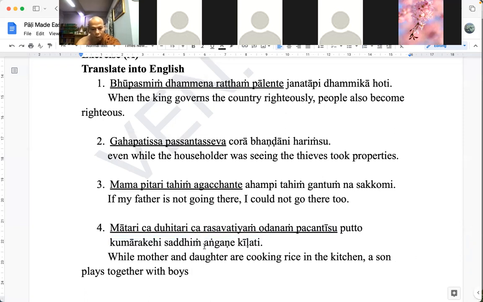So Ingane is locative case. Ingane, so in the yard or in the open space. So while mother and daughter are cooking rice in the kitchen, a son plays together with boys in the yard, in the open space.